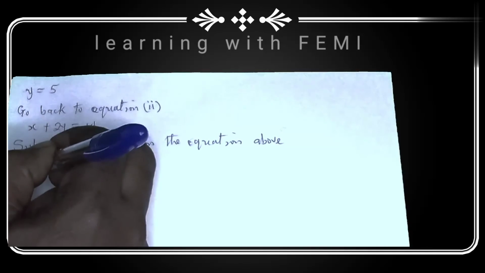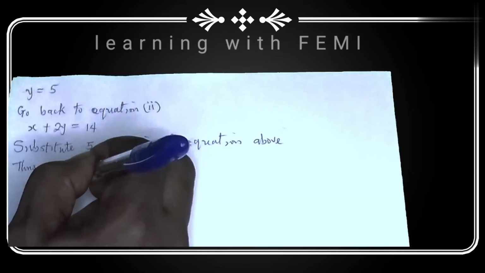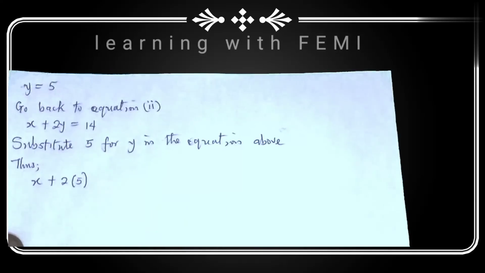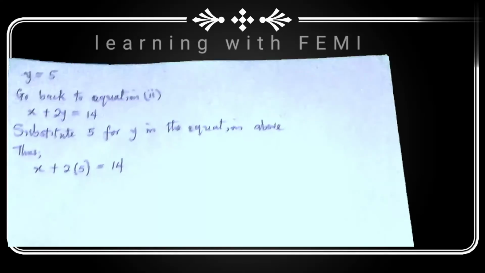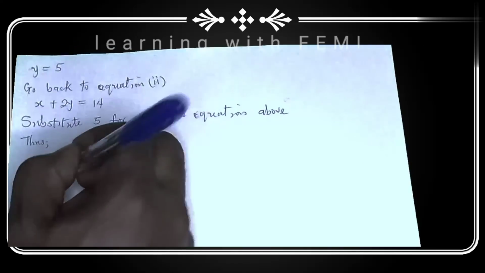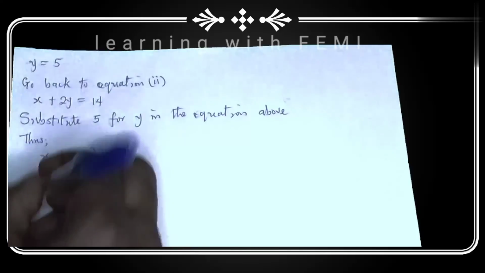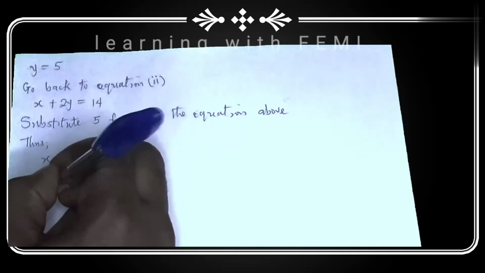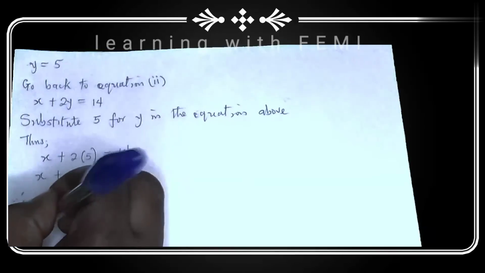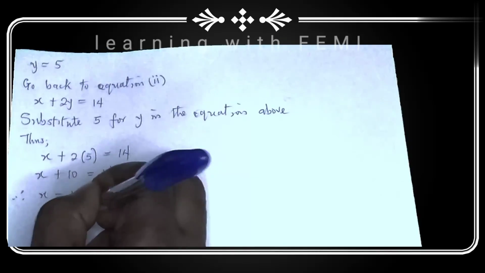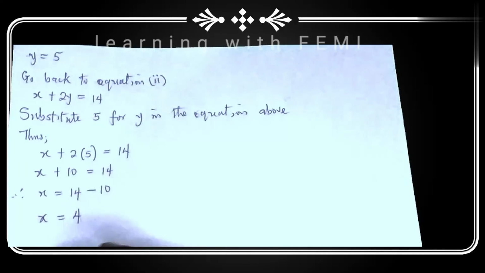Thus, x plus 2 times 5 equals 14. At this point we have x plus 10 equals 14. Therefore, x is equal to 14 minus 10. x then is equal to 4, which means we have solved for both of them.